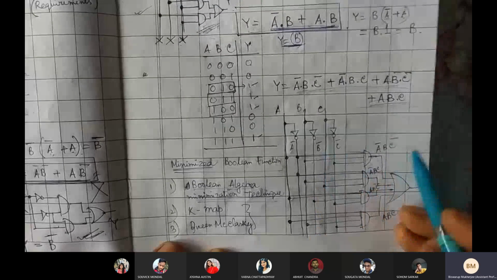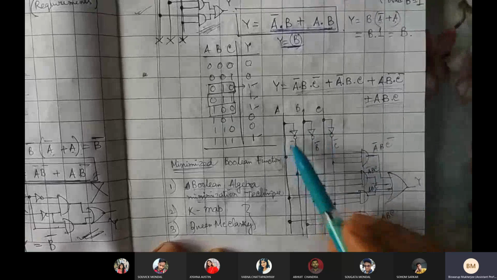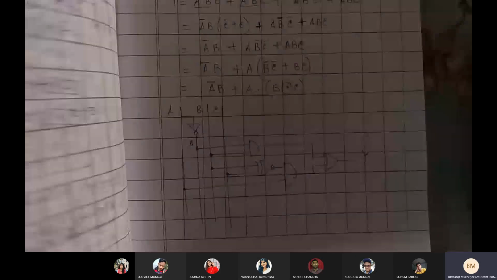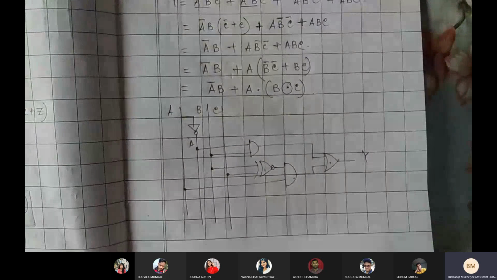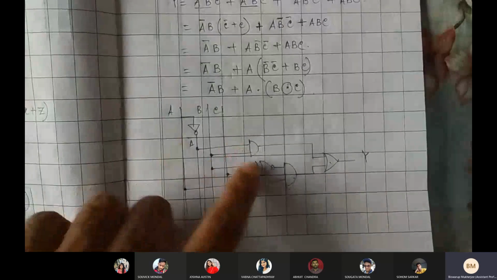Even if you consider only the gate numbering, here 1 2 3 4 5 6 7 8 gates are required, whereas here only 5 gates are required.